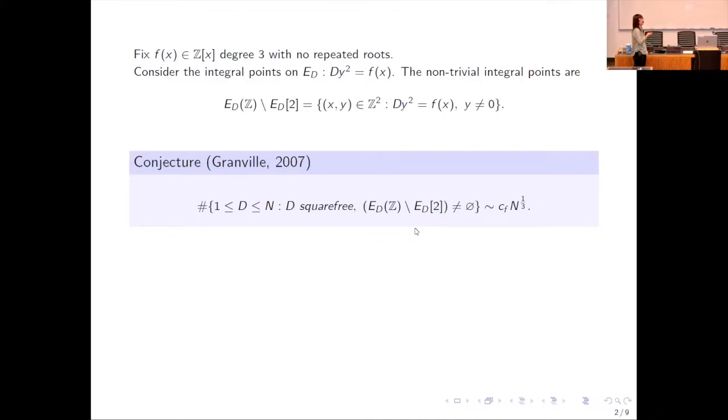But I'm just stating the case when the degree is 3, which corresponds to an elliptic curve. If the degree is greater or equal to 5, then it's a hyperelliptic curve.